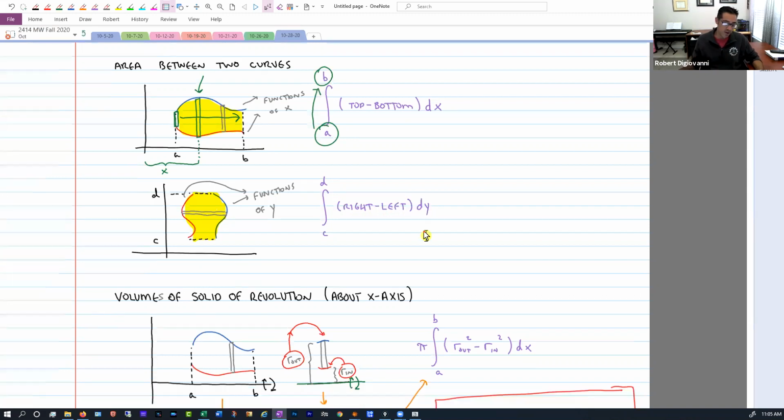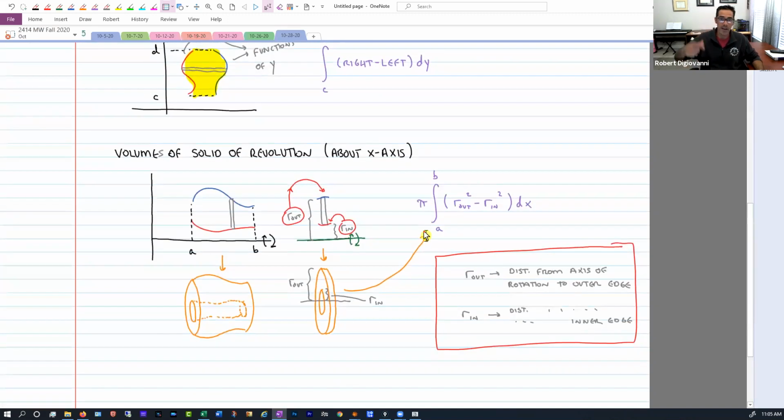Okay, and then we started talking about revolving things around the x-axis, right? That's kind of where we ended last time. The whole idea here was we take that same region, we take a rectangle, and I drew it over here to the side, and I said, okay, the top of that rectangle will be the blue curve, the bottom of the rectangle will always be the red curve, no matter where that rectangle is, right?